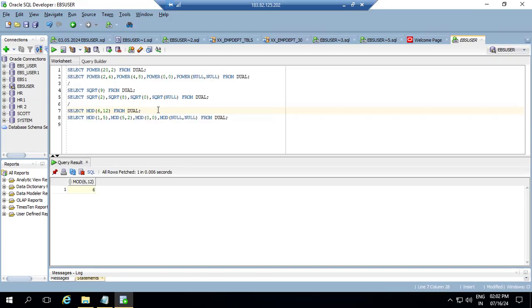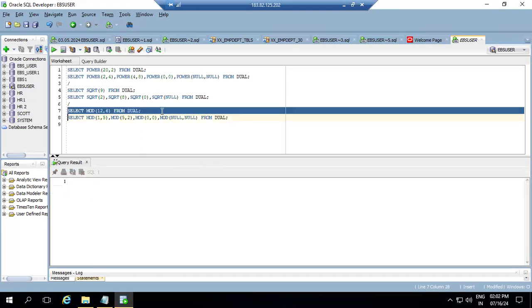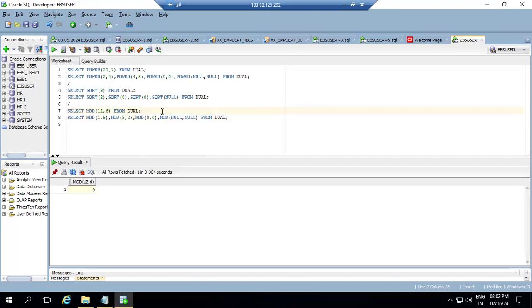Just the opposite, right? Same thing, if I'm entering 12 as the value and 6 as the divisor, what happens here? What output is it showing now? 0, it is considering 0 here, no remainder. Right?